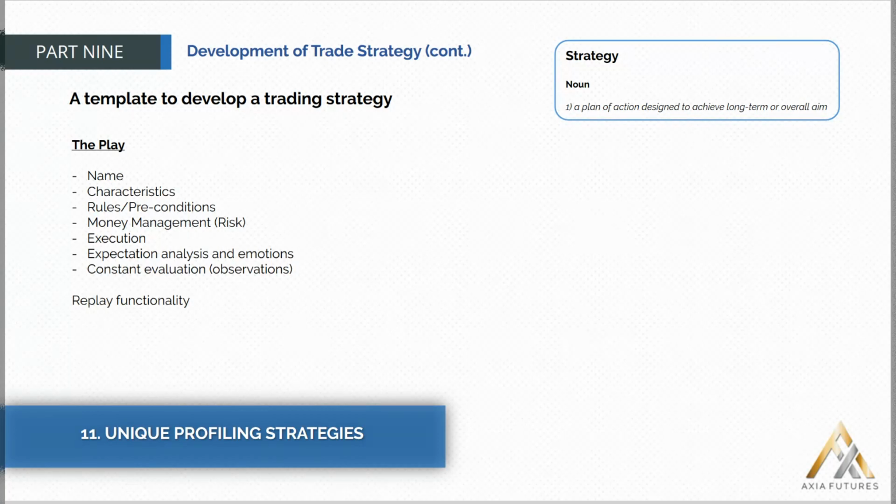In each one of those subsections, you will then have unique trading strategies, which I'm going to show you throughout parts 9, 10, 11, and 12. Within each one of those parts, once I've shown you the strategy on the charts and in terms of the template, I'm then going to show you a replay function. So I'm going to show you how the strategy plays out over the period of a trading day that has already occurred.